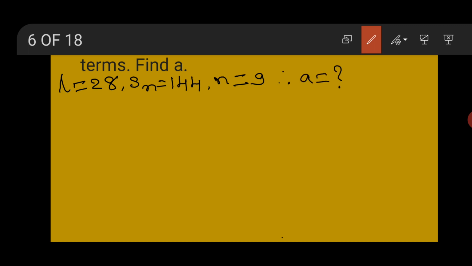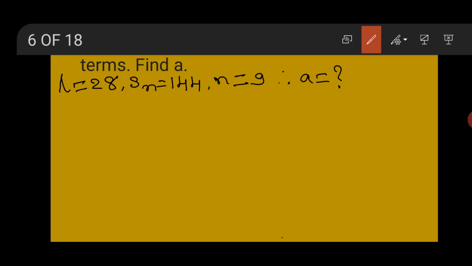How can you calculate? The given terms are l equal to 28, Sn equal to 144, n is equal to 9. Therefore, what is the value of a? a means the first term of the AP.